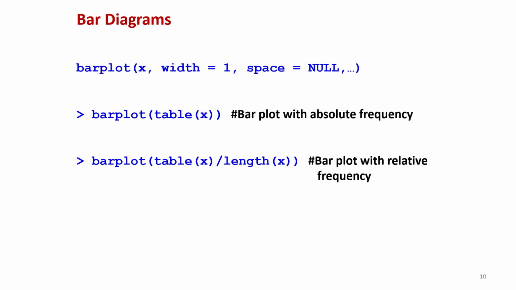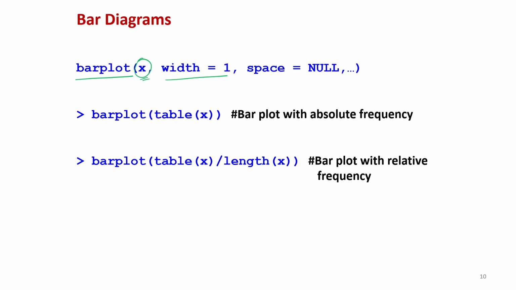So whenever we want to create a bar plot, we have two options. Either we can create it with the absolute frequency or with the relative frequency. For example, if I write barplot and here x with width equal to 1 and so on, then it will give us the bar plot. But remember one thing, this x is actually going to be the frequency.